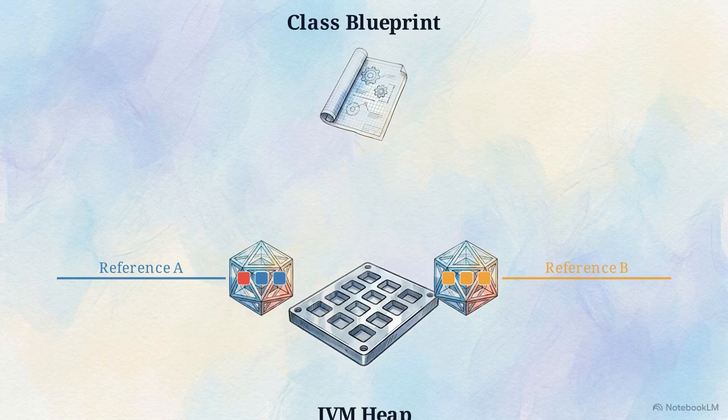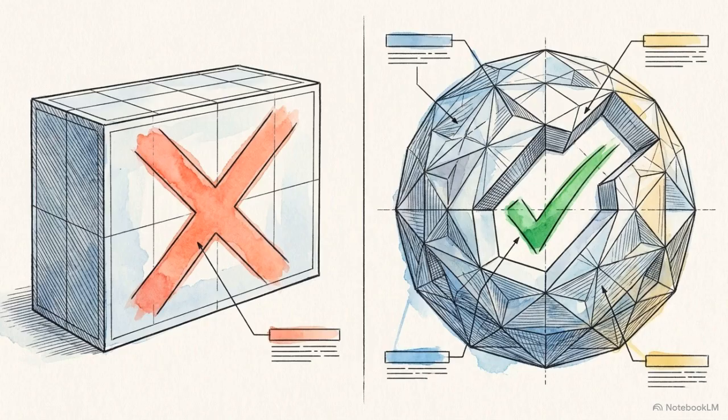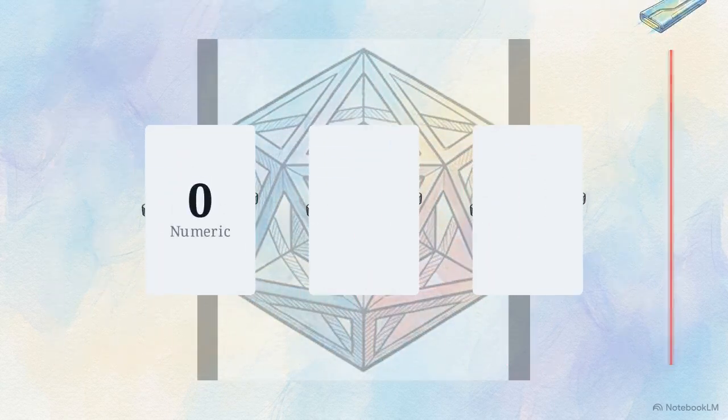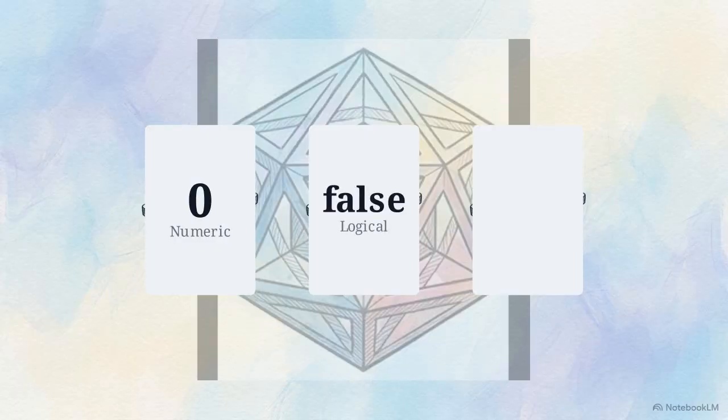Unlike local variables on the stack, instance variables do not require explicit assignment to pass the compiler. Instead, the JVM automatically grants them default values upon creation: 0 for numeric types, false for booleans, and null for reference types.